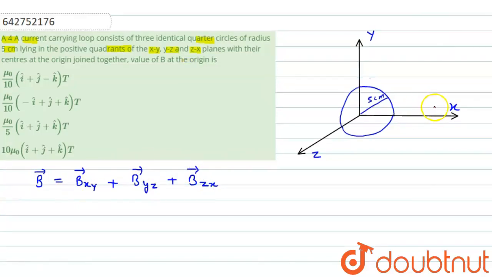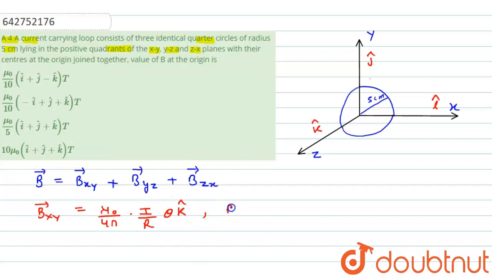Students, we can take unit vectors: in the x direction it is i cap, in the y direction j cap, and in the z direction k cap. So B_xy will be equal to mu naught by 4 pi, I by r, theta, and for xy we write k cap.